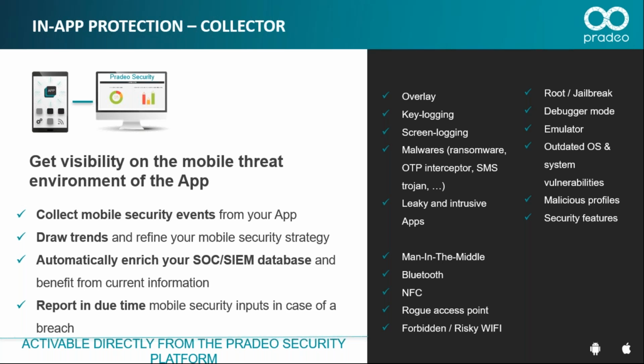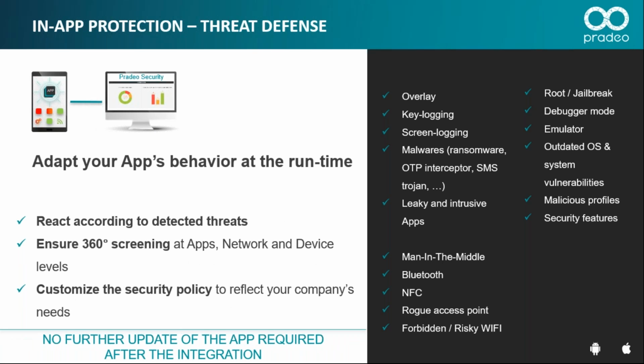In case of a breach, a report will be automatically transmitted in due time. And if the customer is interested in switching to another level of protection, from app shielding to collector, it can be easily activated from the Predio Security Platform in a few clicks. And for the third level, to achieve the highest level of protection, the final step is to activate threat defense.